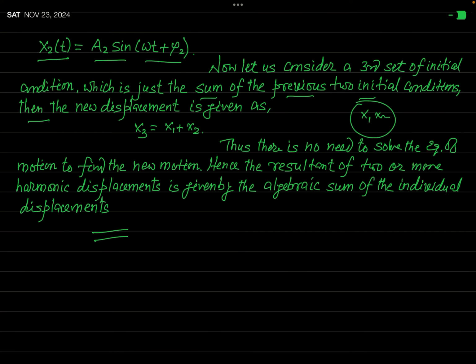Now let us say that in this condition, the new displacement becomes x3. Then, according to the superposition principle, the new motion described by x3 is simply given by the superposition of x1 and x2. That is, x3 will be equal to x1 plus x2.